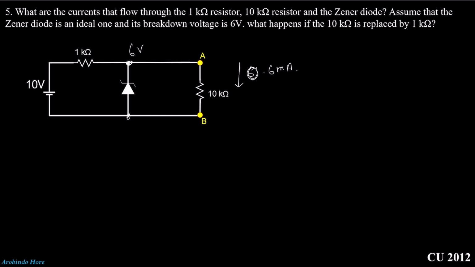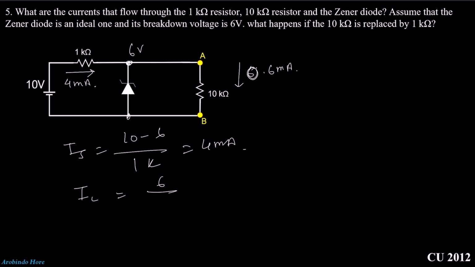The current through the 1k resistor is 10 minus 6 divided by 1k, that means 4 milliampere. So IZ will be 4 milliampere minus 0.6 milliampere, equal to 3.4 milliampere.